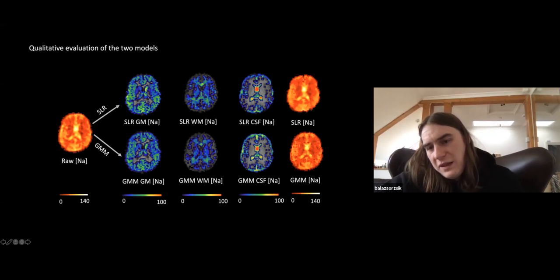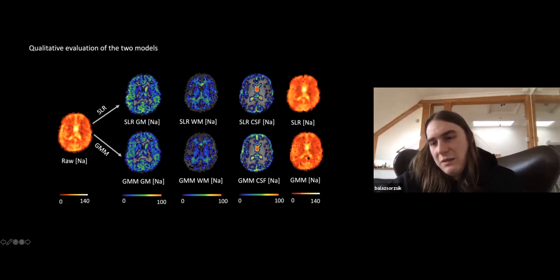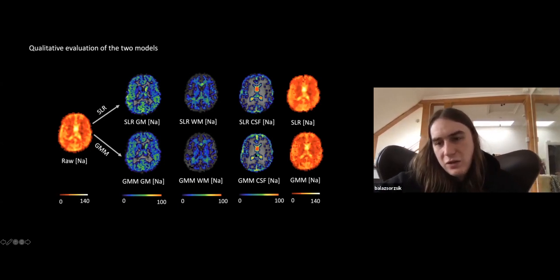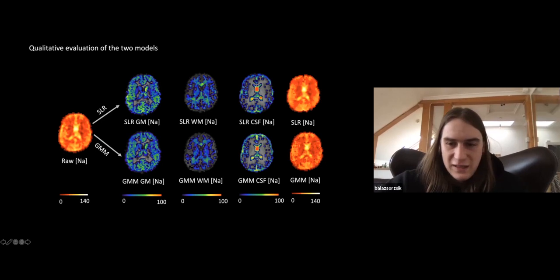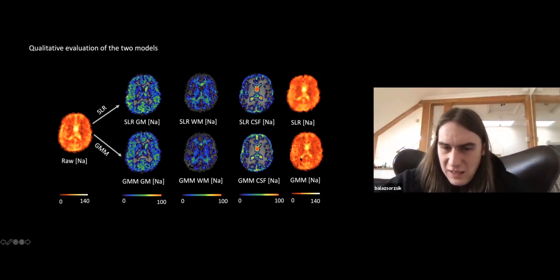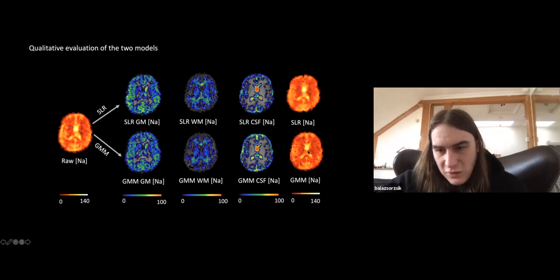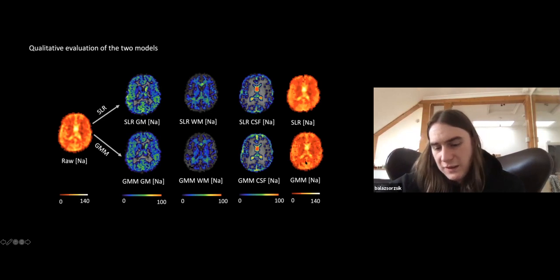And here we basically reconstructed the raw image into a corrected image. So it's basically taking these maps and multiplying by the fractional volumes. And here we can see that, especially in GMM, these blurs sort of disappear and we see a bit more structure.